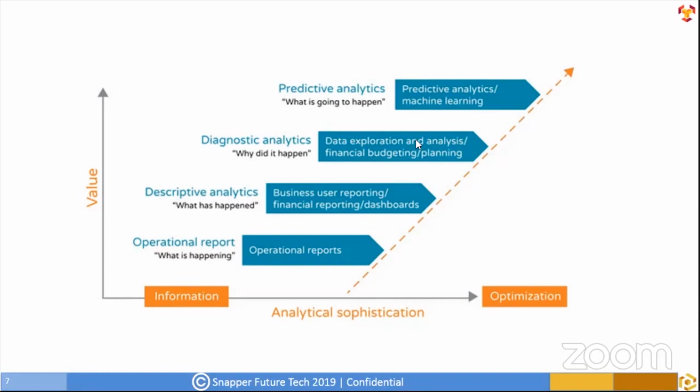But the way the world is adopting Industry 4.0, it's becoming more diagnostic analytics. Why did it happen? We need to know the reason why it happened so that we are able to prevent it in the future. That's the value of information: you're able to get data from every step of the manufacturing process till the time your product or service is consumed.